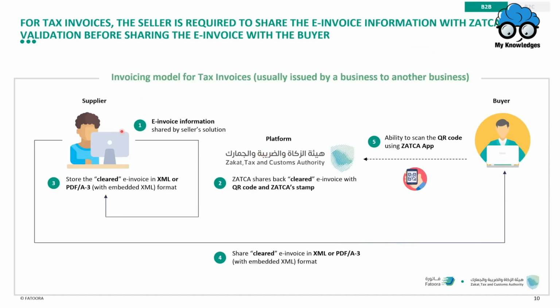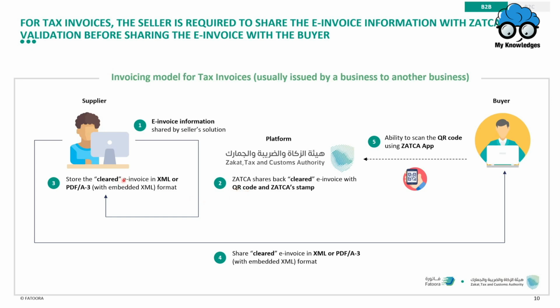So in B2B, this is how the model would look. At the supplier side, they need to generate an e-invoice from their system. And before sharing this invoice, they need to send it to Zatka for clearance. This is what we call the clearance method or model. Once Zatka clears the invoice, the Zatka platform will stamp the invoice and then generate a QR code for said invoice.